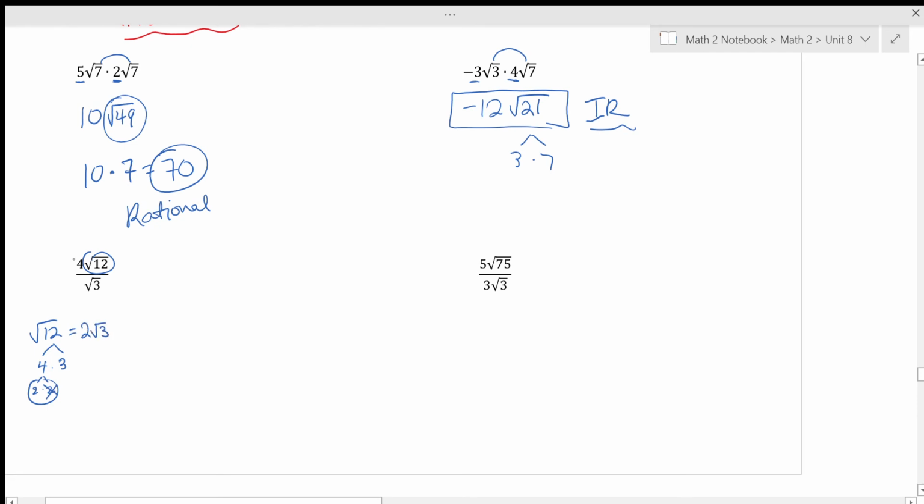So I already had this 4 out in front, so when I bring my 2 out, it's going to get multiplied with that 4, and on top of my fraction, then I'm going to have 8 root 3, and then on the bottom of my fraction, I still just have the root 3, and then I see I have root 3 on top and on bottom, so they cancel each other out, because when we have a factor on top and bottom of a fraction, they simplify, so this simplifies to just 8. Which is a whole number, so our answer is rational.